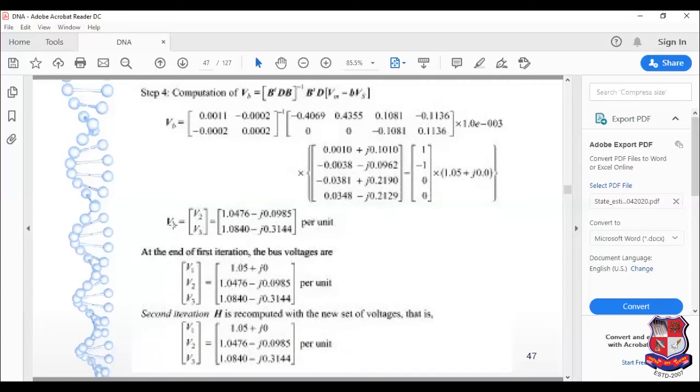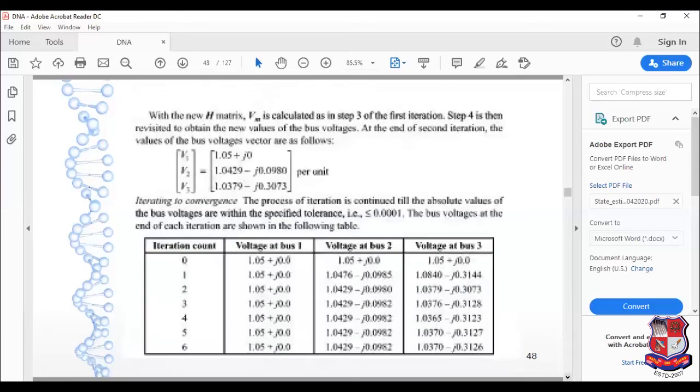V2 is equal to 1.0476 minus j0.0985, V3 is equal to 1.0840 minus j0.3144. So after the second iteration, if we provide the same thing, then once again we will derive a few values and see the variation is very minor. Over here, almost the same kind of value will be obtained. But in order to represent the effect of iteration count, we have carried out further iterations.